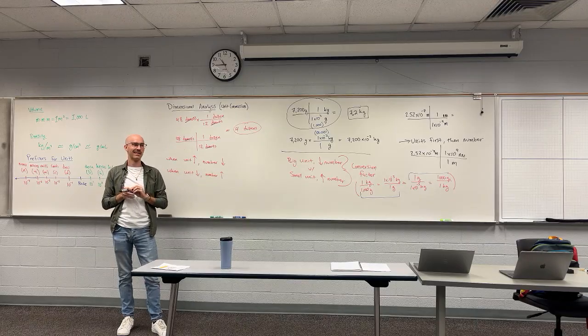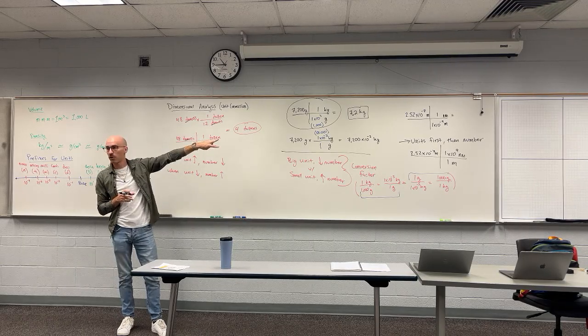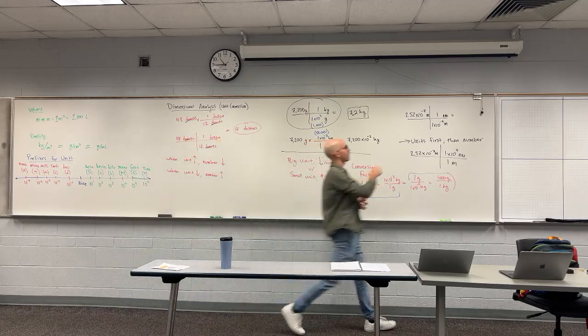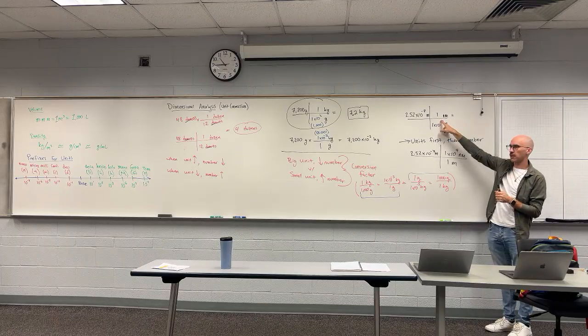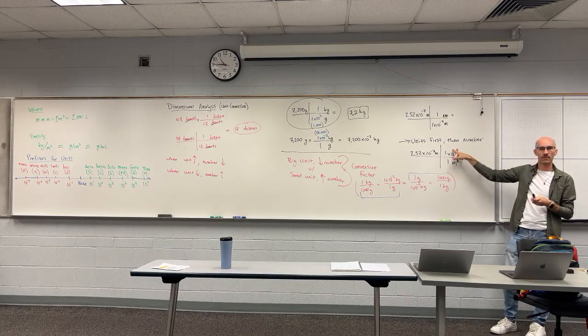If you don't like it, find another way to remember it. But that's how I want you to prove that you're setting up your dimensional analysis right. Both of those setups give the exact same thing. Either I divide by 10 to the negative 9th, or I multiply by 10 to the 9th.